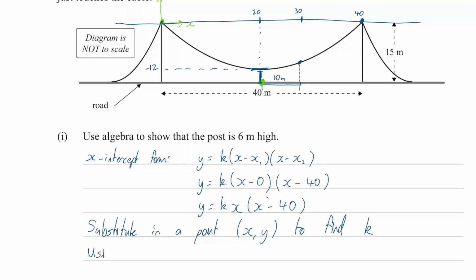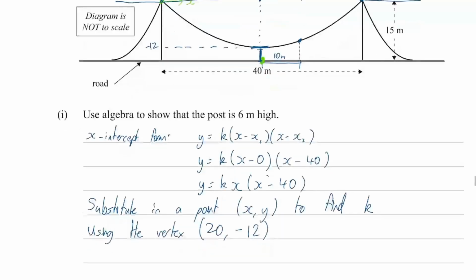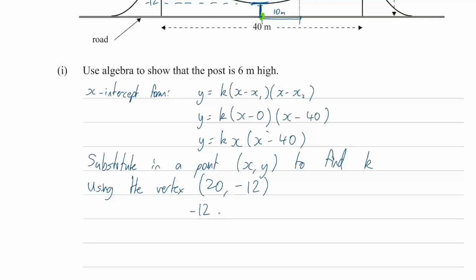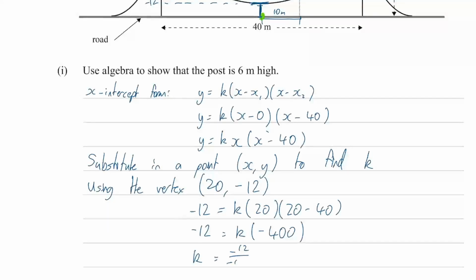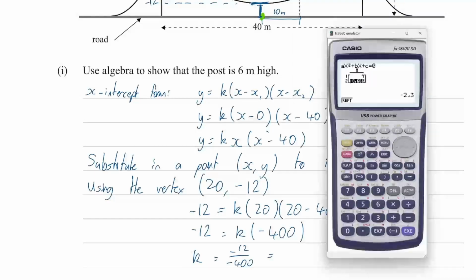So using the vertex, which is at x is 20, y is negative 12. Negative 12 goes in for y, 20 goes in for x, and we get negative 12 equals k times 20 times negative 20, which is negative 400. So k equals negative 12 divided by negative 400. Let's just check. 20 times negative 20, negative 400, yep.